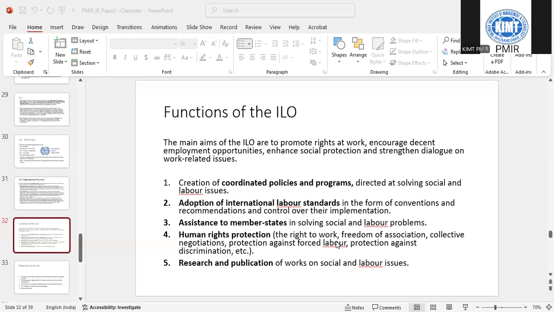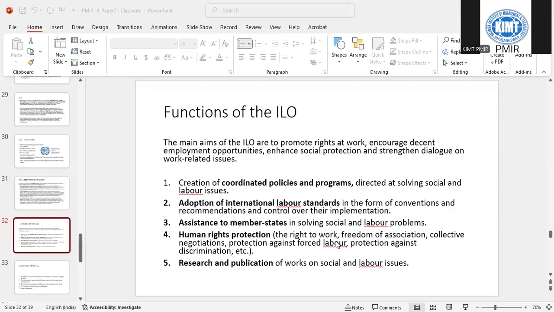And if someone is writing, publishing, doing research, ILO provides input and different help for the research and publication of the work.